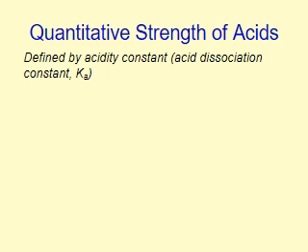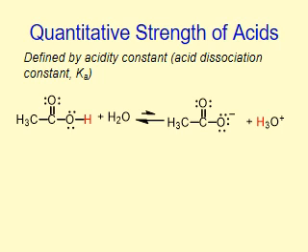Recall from general chemistry that many reactions are at equilibria, and that we use equilibria constants to define or describe the equilibria. So we can look at an example with acetic acid and its dissociation in water.